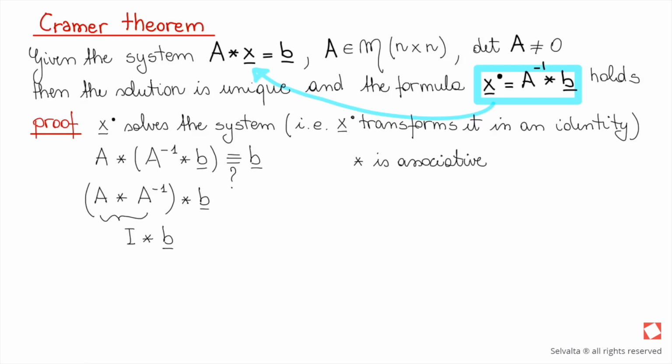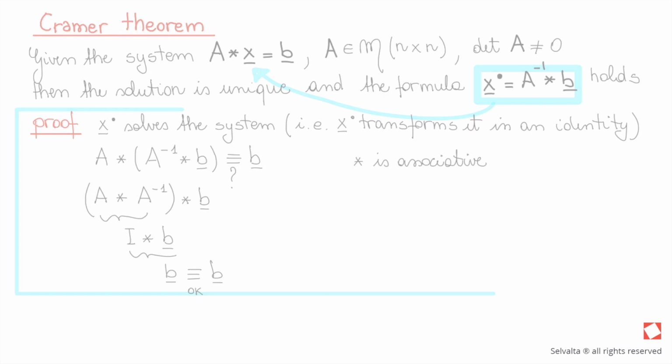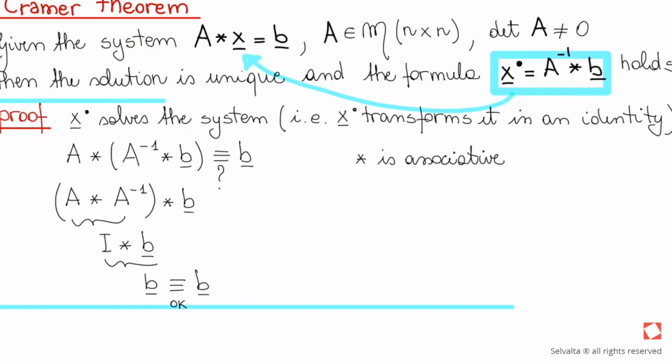Then I deduce I times B. The multiplication by the unit matrix leaves the vector B unchanged, and we deduce that effectively B is equal to B. We have obtained an identity and finally conclude that x dot is indeed a solution.